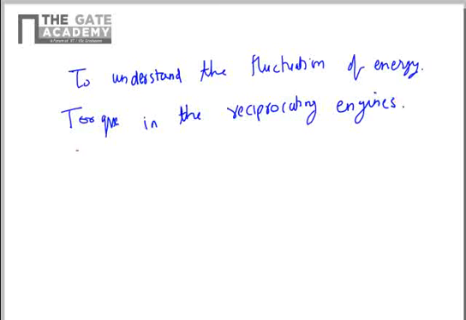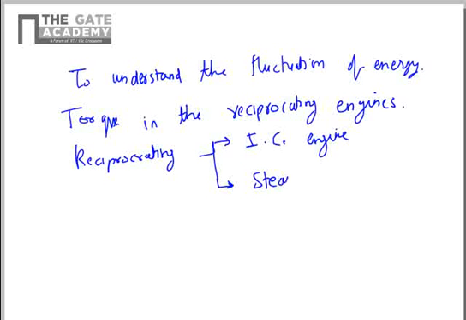So we have two types of reciprocating engines basically in industry. One is the internal combustion engine, IC engine, where the combustion takes place inside the cylinder. The second is the steam engine, where, like with time it will vary, there will be an intermittent supply of steam.